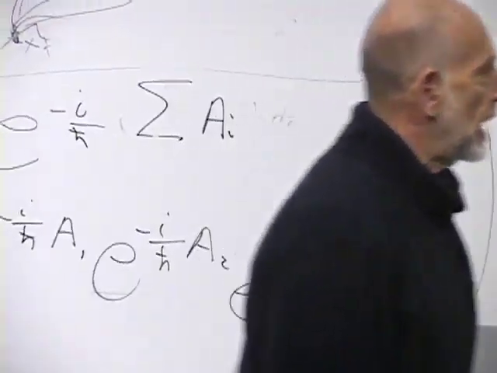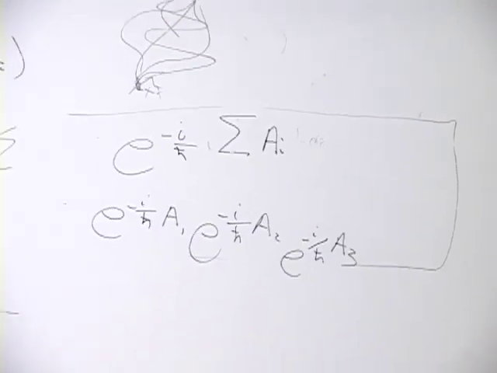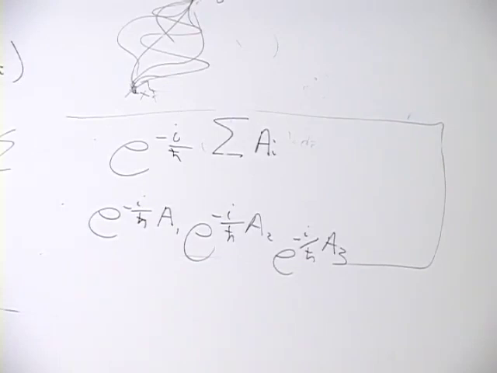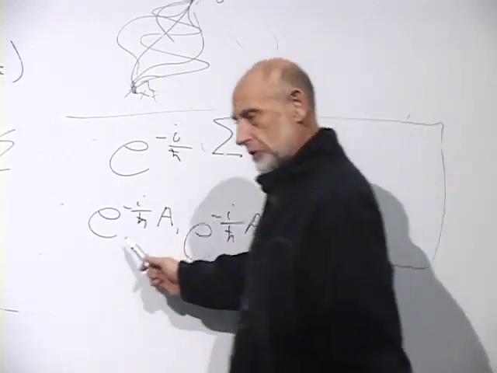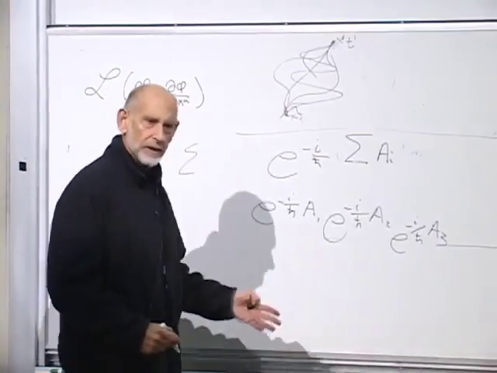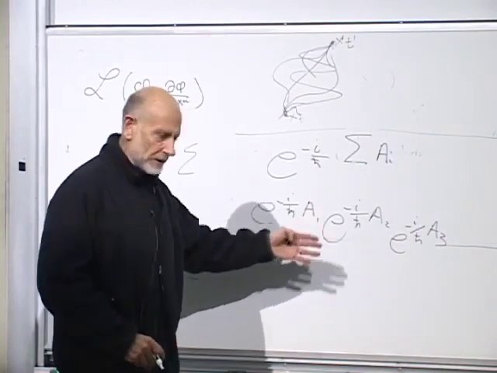And it's exactly this kind of product over all the cells, not of 1 minus i times the action, but of e to the minus i times the action. They're close to each other. It actually wouldn't matter which we used, but in practice.